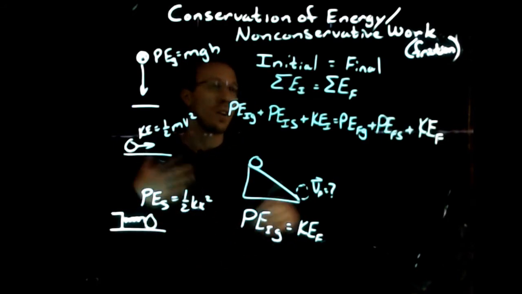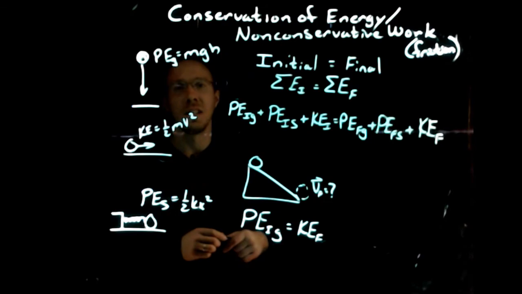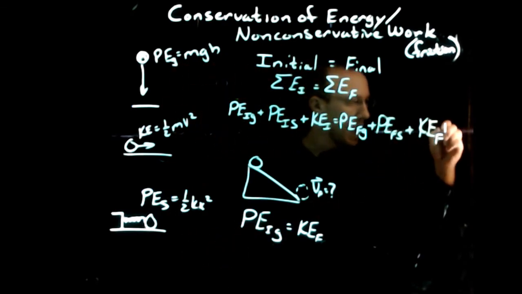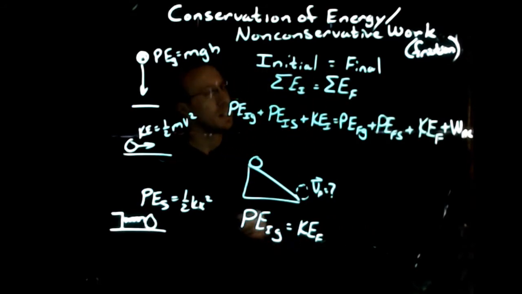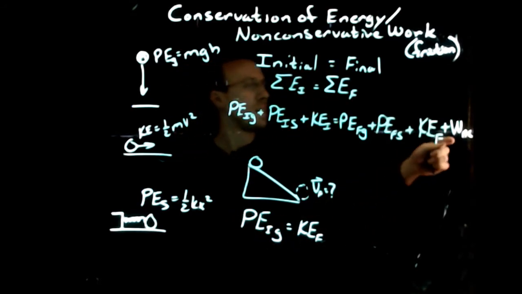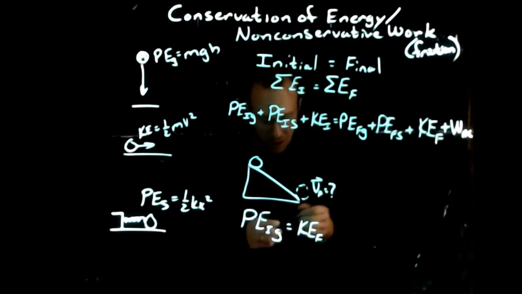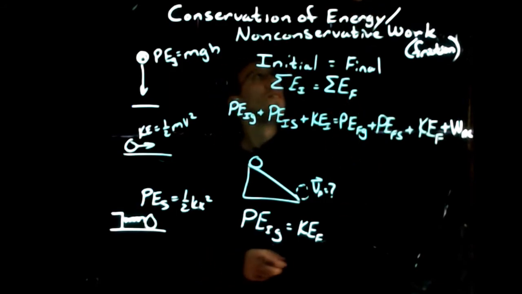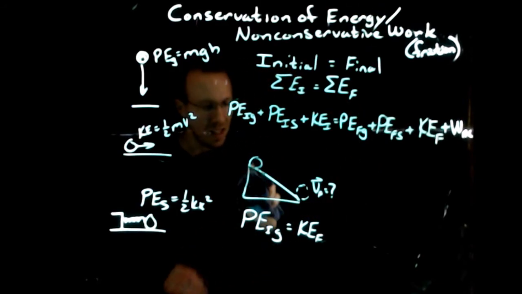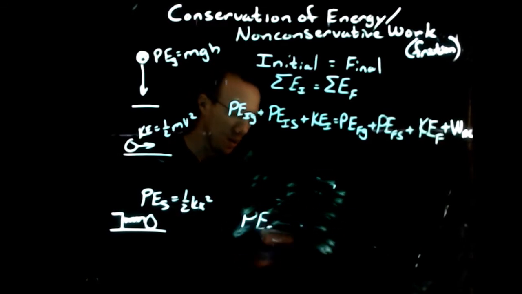It's lost, right? It's gone. It's changed to something else, and we're looking at mechanical. We would add, hopefully that's on the screen, we would add that to the final side, okay? And so you'll notice there, I wrote WNC, non-conservative NC work.